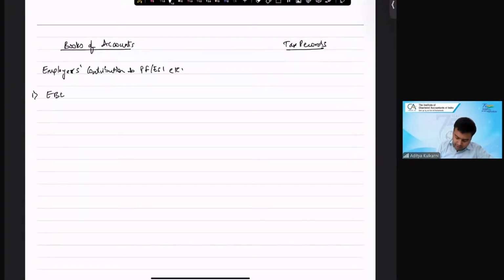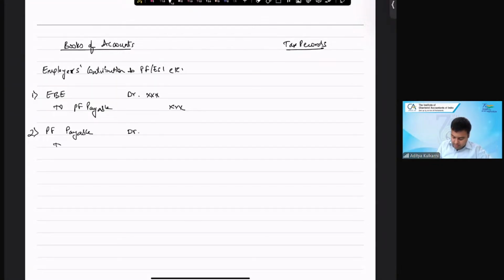So employee benefit expense account debit to PF payable. Correct? Agreed? Next, you will pay this.